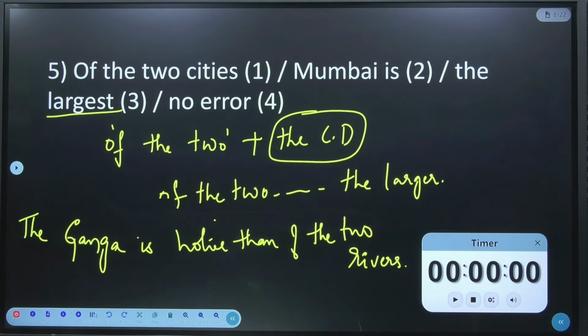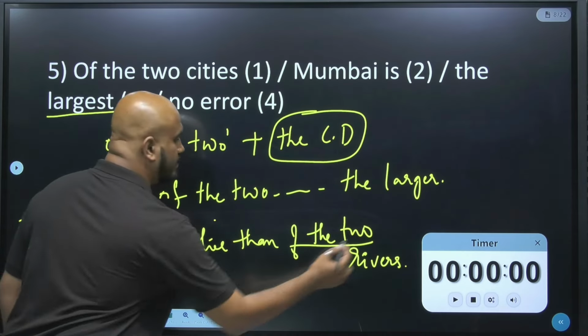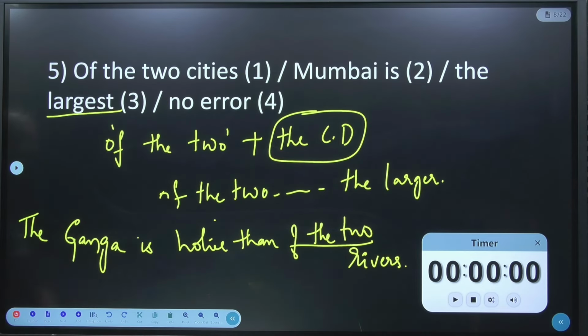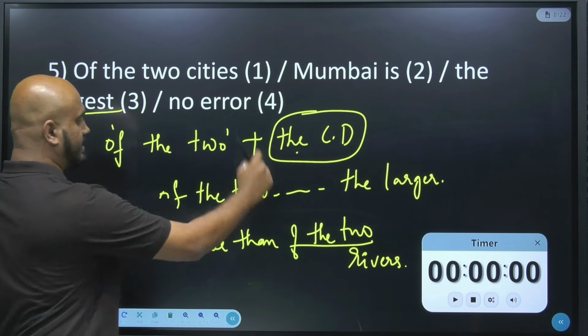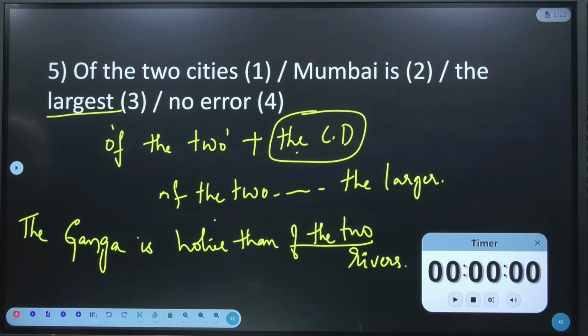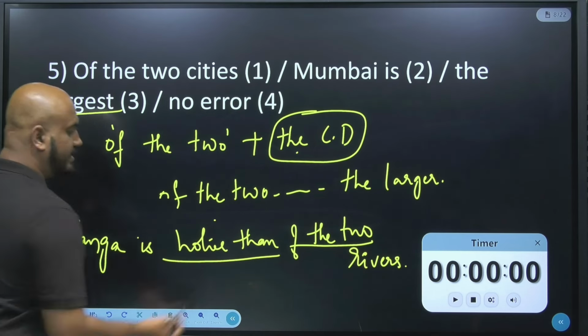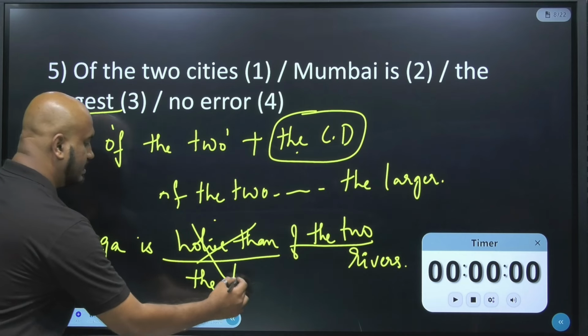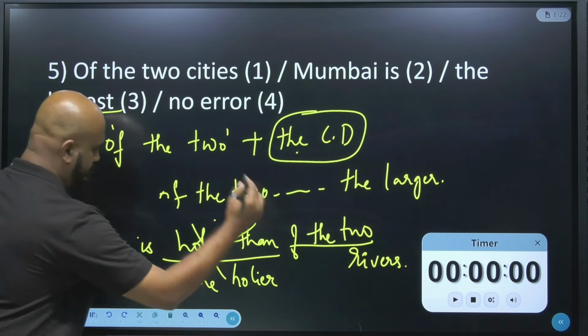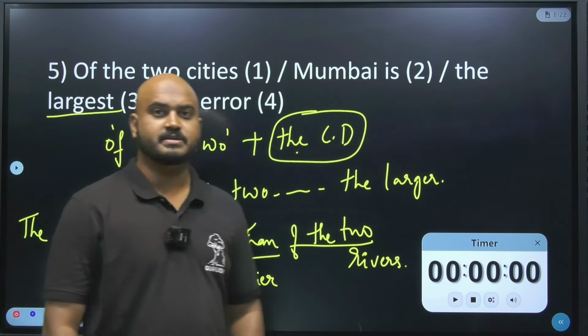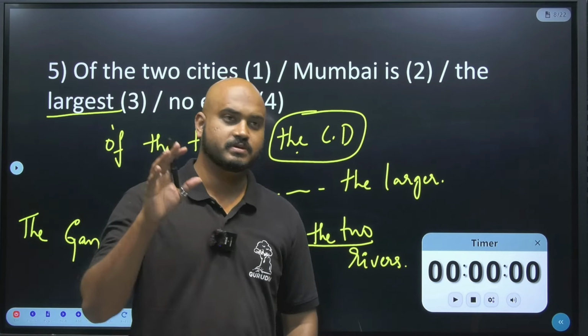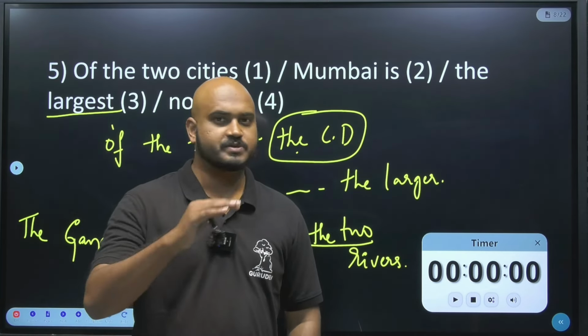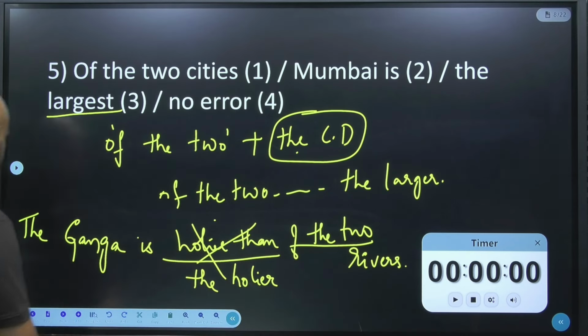Now, what did I say? Whenever you come across the phrase of the two, the comparison construction should always be the plus comparative degree. And obviously, the error is in holier than. So the right answer should be, the Ganga is the holier. I believe you guys are absolutely clear now. So this is the beauty of rules. It's always spot on, right? Okay, let's move on to the next one.